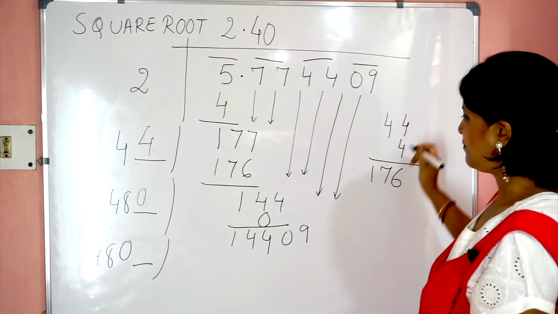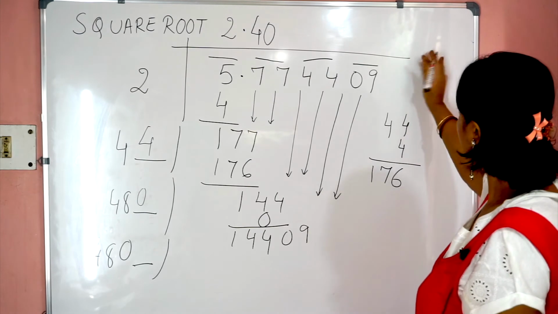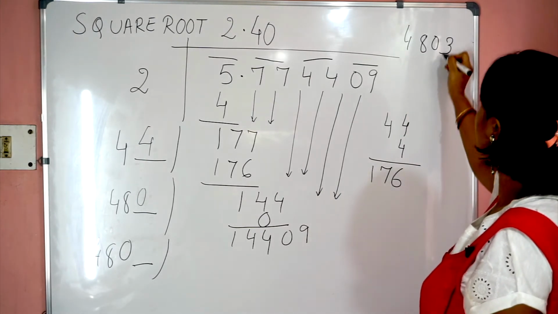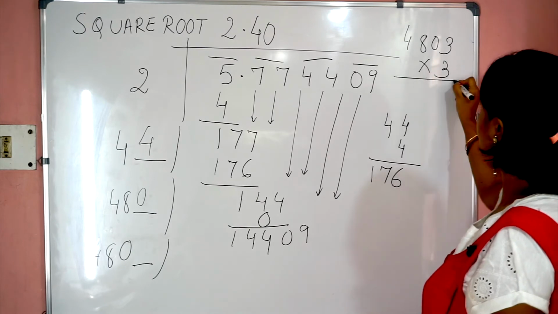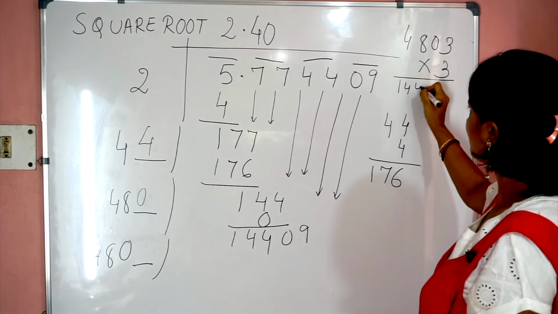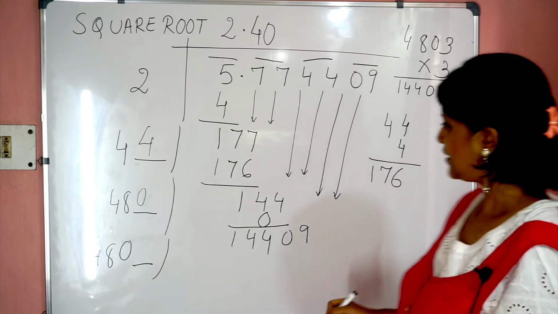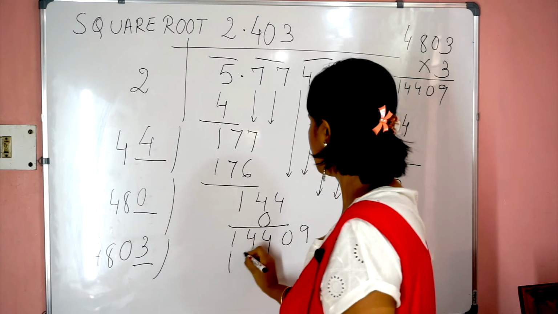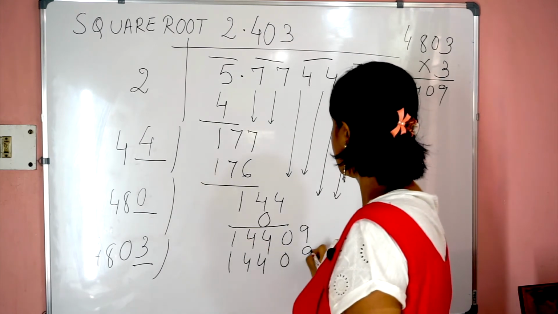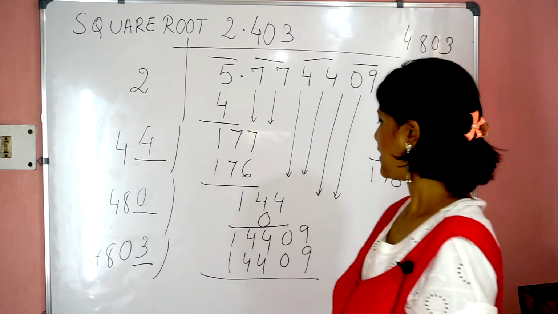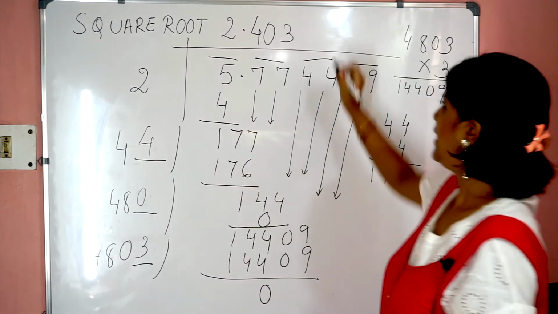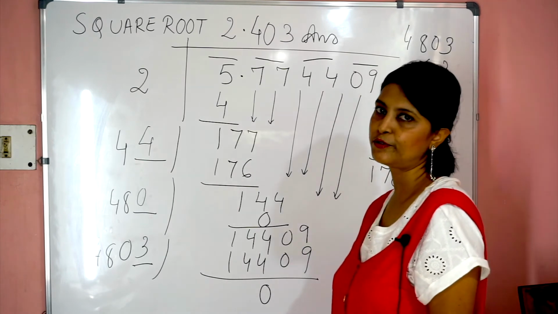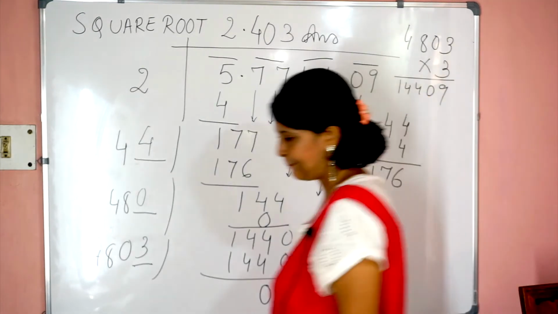So if I take 4803 and with 3, I can see I get 14409, right? So 3 with 3 can give me 14409. So finally the remainder is 0, and our answer for the square root of the given number is 2.403.